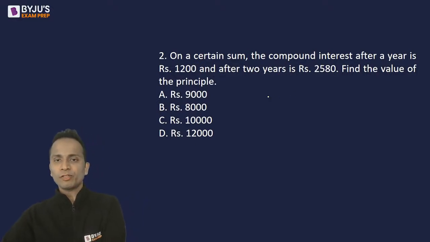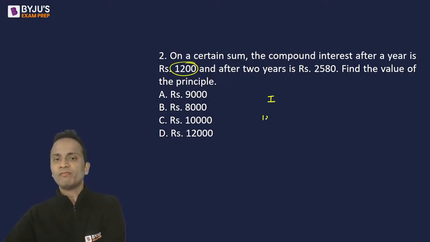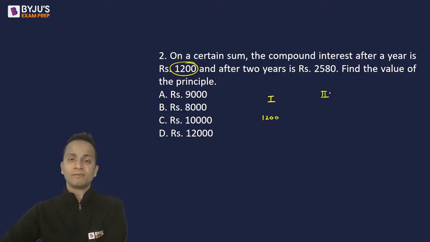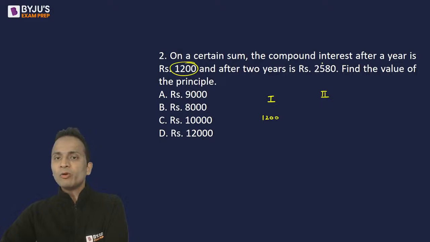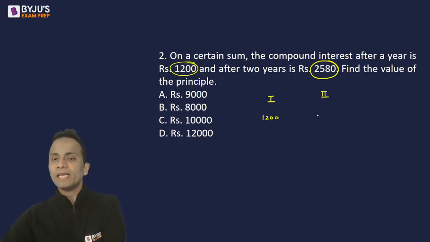Now for the first year, it is given that the compound interest is 1200. Now let's talk about the second year. The compound interest for 2 years is given as 2580 and the compound interest for the first year was 1200. So compound interest for the second year will be 2580 minus 1200.